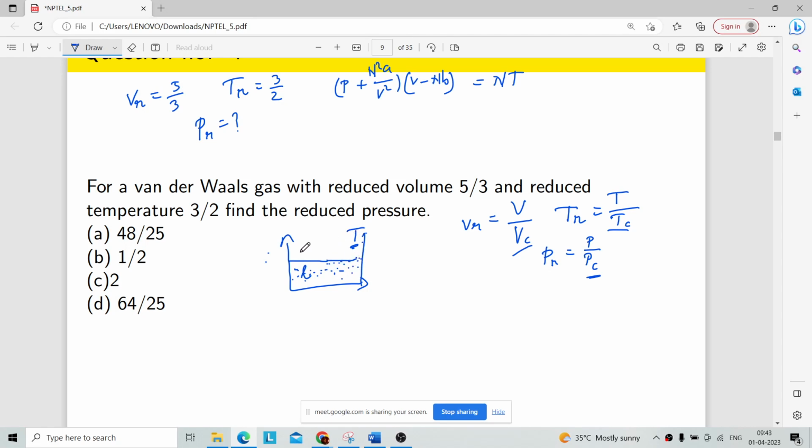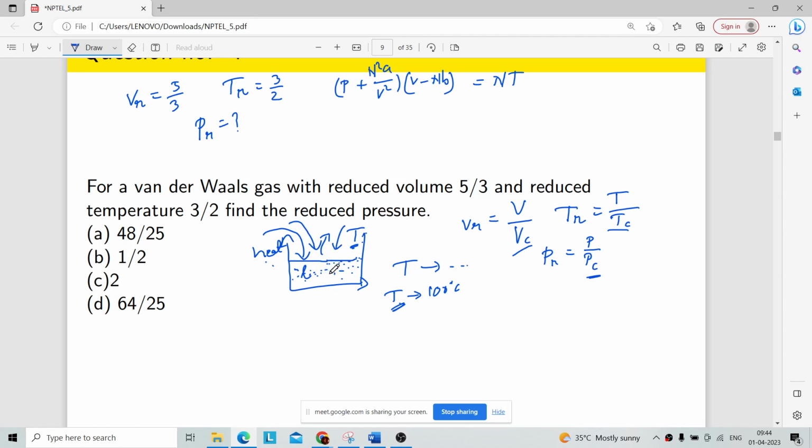And eventually, if we keep on giving heat to the system, the temperature will increase until, if we assume this to be water, it will reach 100 degrees Celsius, and at this point the temperature won't increase anymore, even if you give more heat to the system.